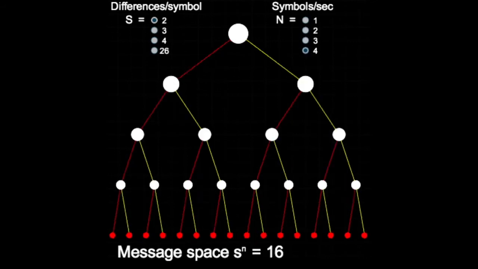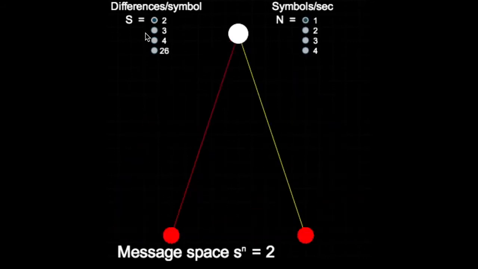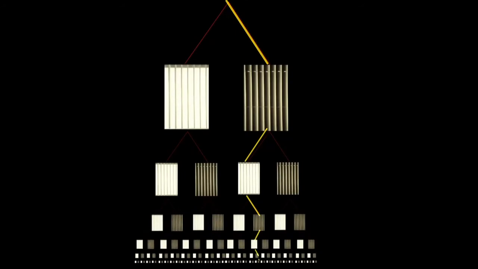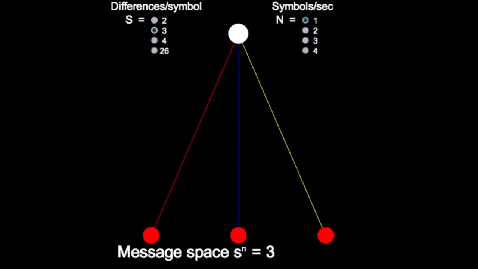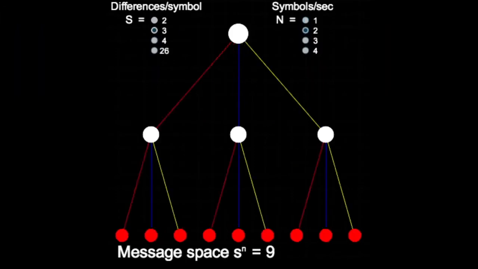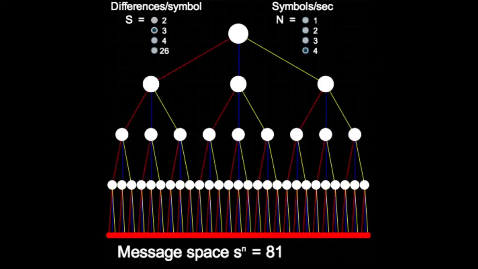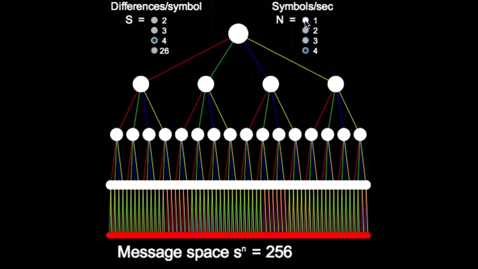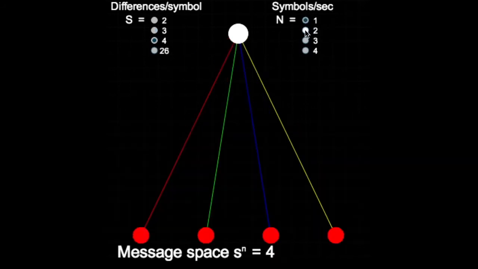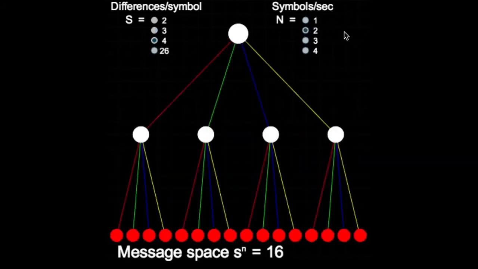And since each path through this tree can represent a message, we can think of the number of leaves as the size of the message space. And this is easy to visualize. The message space is simply the width of the base of one of these trees. And it defines the total number of possible messages one could send given a sequence of n symbols.